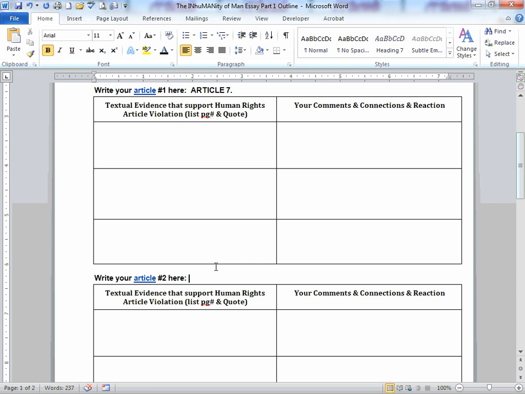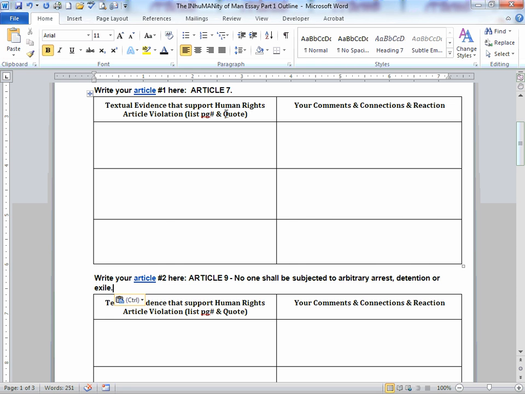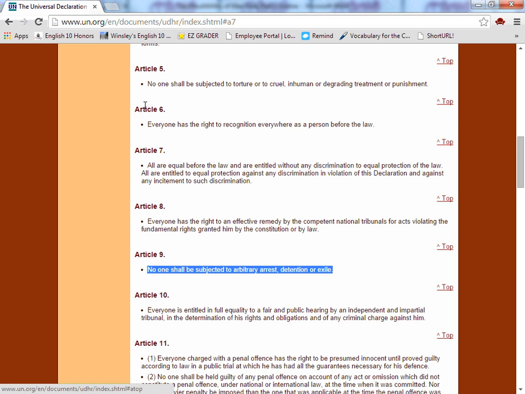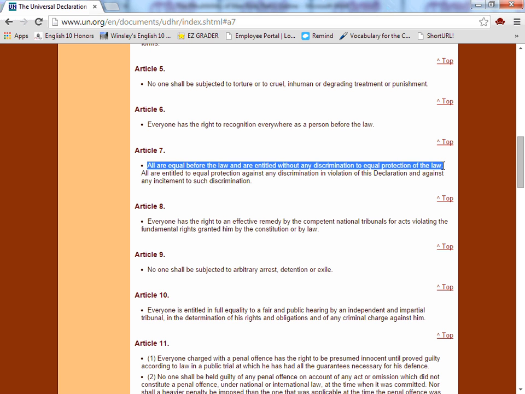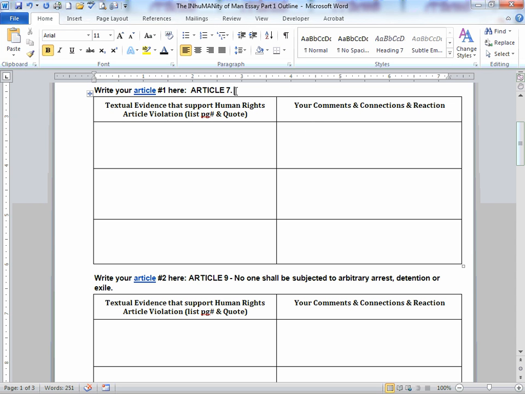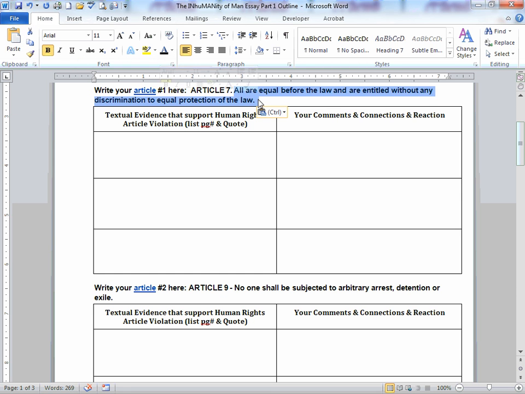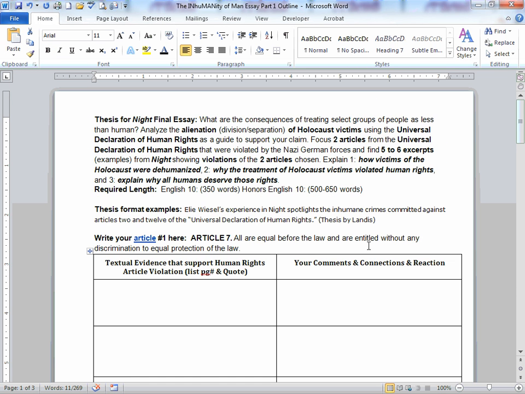So that is Article 9. And then Article 7. All right. So now I have my 2 articles.